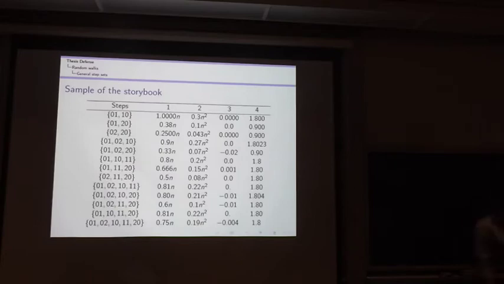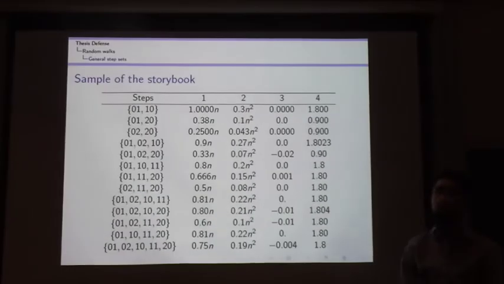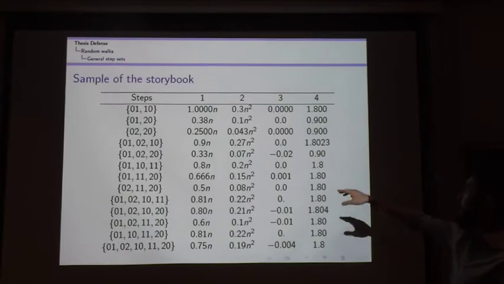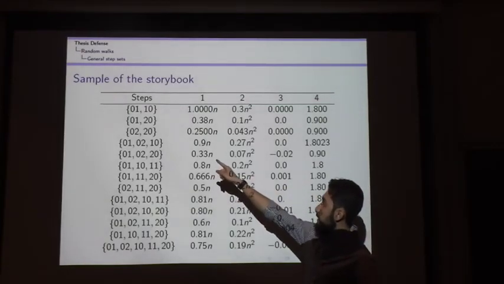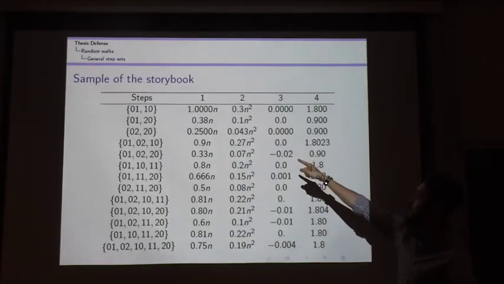Okay, so here's a sample table. The statistic I'm talking about here is the number of times your walk goes below the diagonal. For example, the first row is stuff we already talked about. The first row of this table says if my steps are (0,1) and (1,0), then the expectation is n.